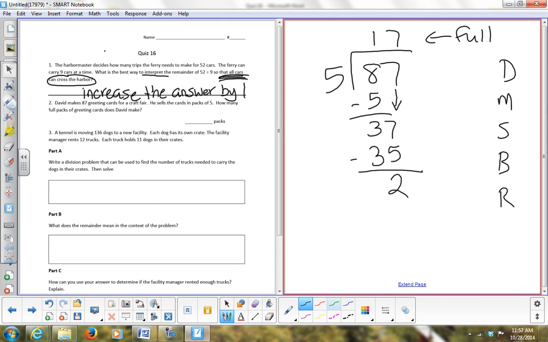Okay. It doesn't say that you have to have all of these greeting cards in bags. It says how many full bags can he make out of 87 greeting cards? 17. Because this isn't a full bag, right? That's the remainder. Okay, so 17 is the answer.